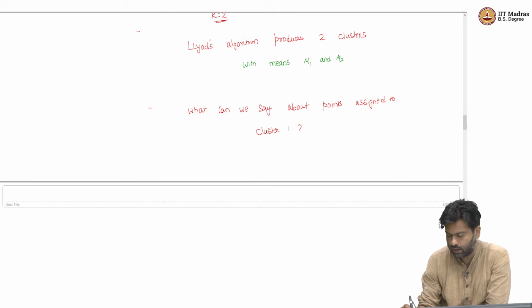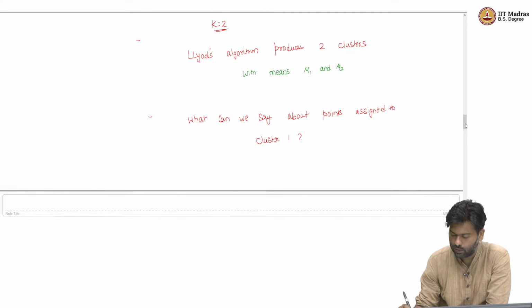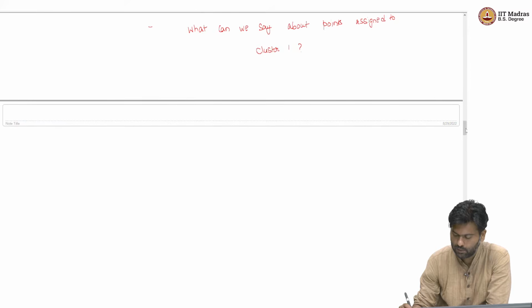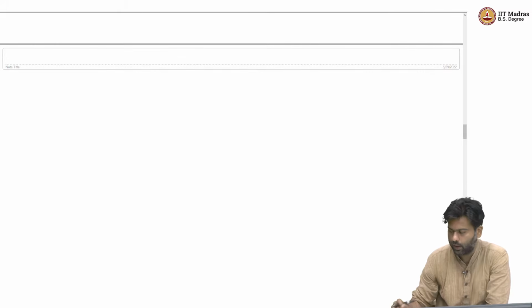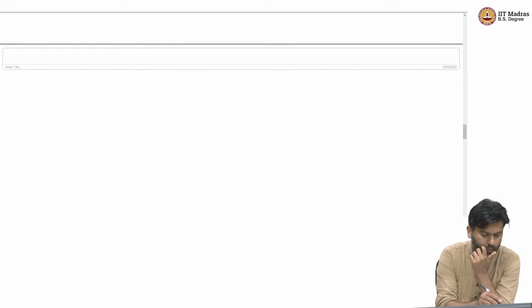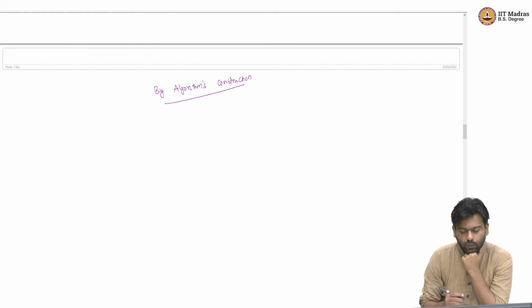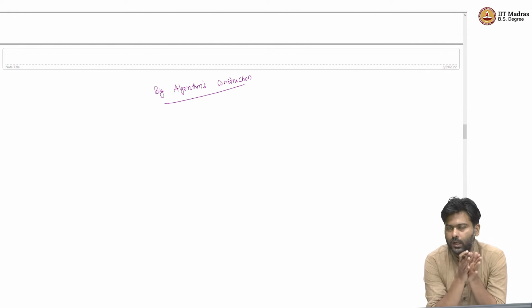Let us say we focus on cluster 1 now; the argument for cluster 2 will be similar. Can we say something about how the points look? Well, by algorithm construction and the convergence argument that we did earlier, we know that when the algorithm said the partitions have converged, it means that every data point is happy with its own mean.